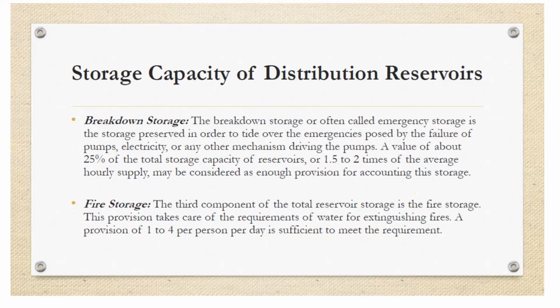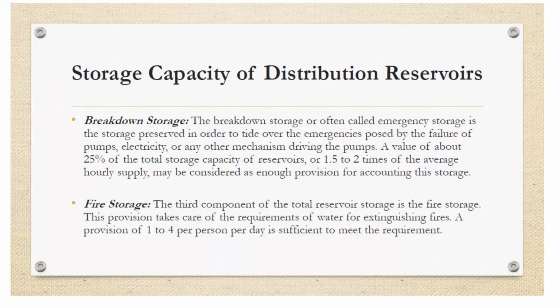In that case, how can we live without water for 2 to 3 days? Our plant may not be working, but water must be available in a storage reservoir, which can be made available to the public by gravity, is it? So that is known as the breakdown storage.